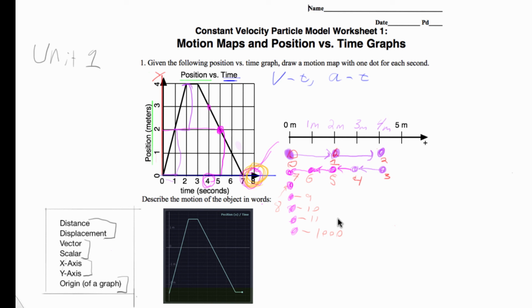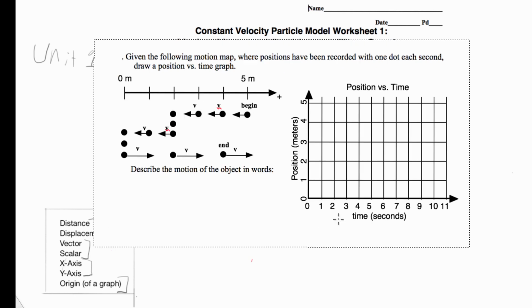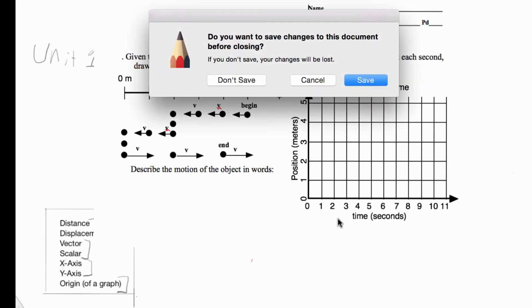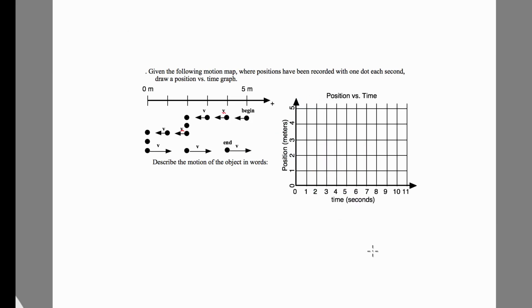Come here to sketchbook. All right, so here's the second problem, and this asks us to do the opposite process of the first problem, and I'm going to spend much less time on this one.